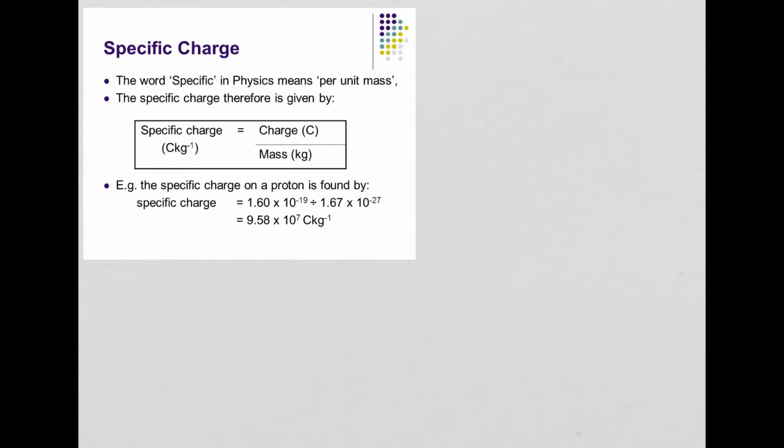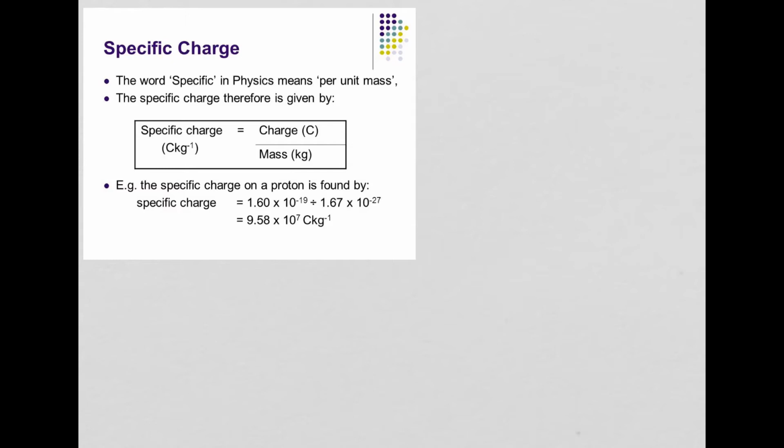That way we've got a more direct way of comparing. This is the kind of thing here. So specific charge is a direct way of comparing the charge by not worrying about the mass. And we do that by dividing the mass out of it. So we can then compare specific charge to specific charge.